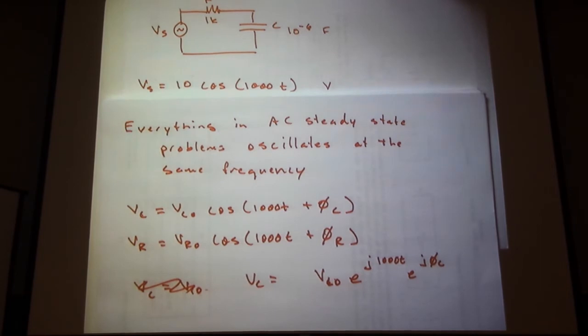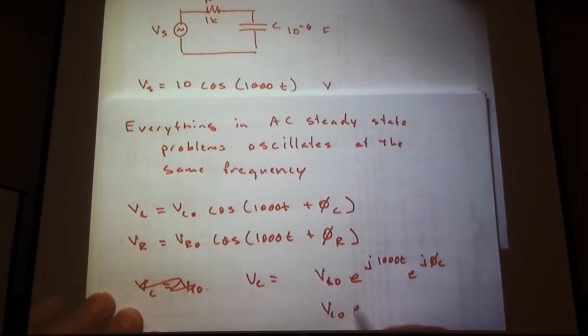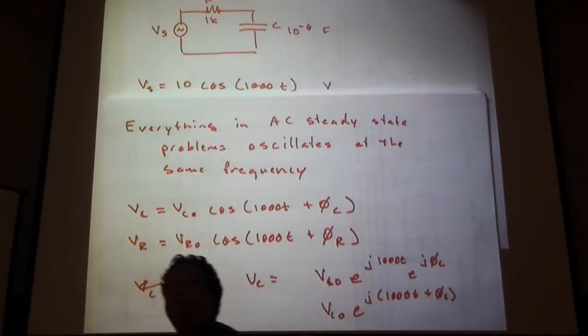Right? Or if we want to write that out a little bit, we can just say VC naught e to the j 1,000t plus phi c. Because arguments and exponents that are multiplied together add. We've seen that before.